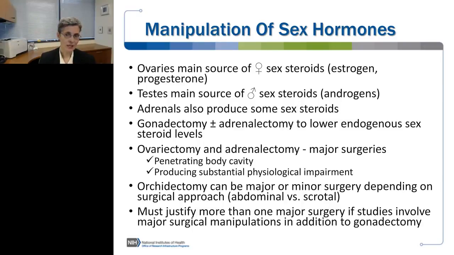With orchidectomy, this can be either a minor or a major surgery depending on your surgical approach, whether you're doing an abdominal approach or a scrotal approach. However, you have to justify doing more than one major surgery if you're combining gonadectomies with other major surgical manipulations in your experimental design. So that's something to keep in mind as you move forward with setting up your experiments.